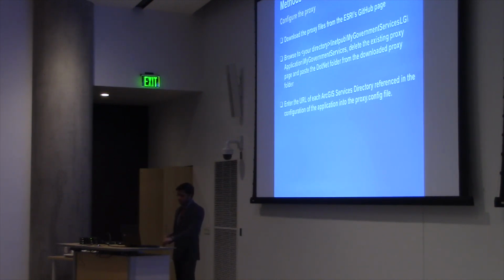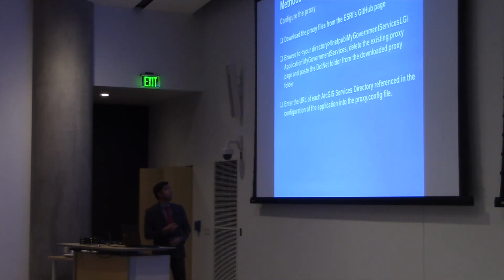What it does is it helps the application handle that amount of request and be able to run the application smoothly. This particular configuration came with its own proxy bundle, but it didn't really work out for me. So I had to make use of the proxy file which I downloaded from ESRI's GitHub page. That happens to be the latest version of the proxy.